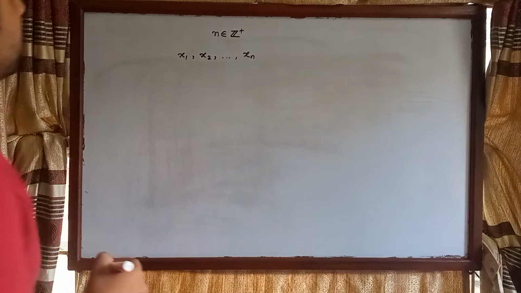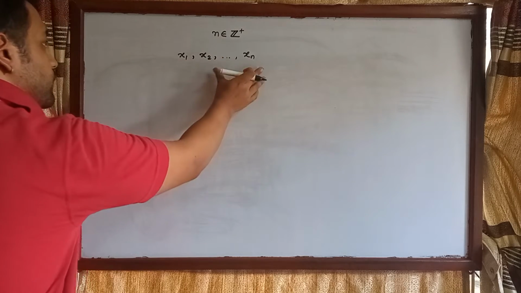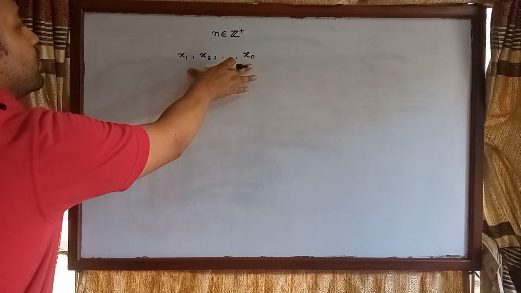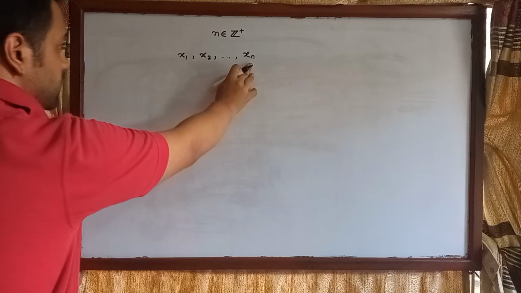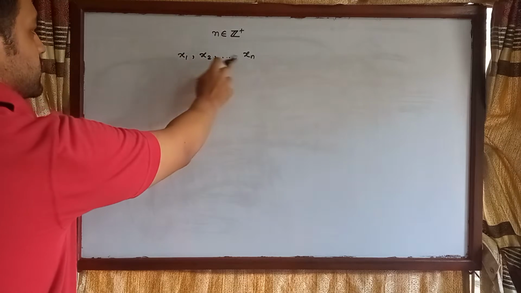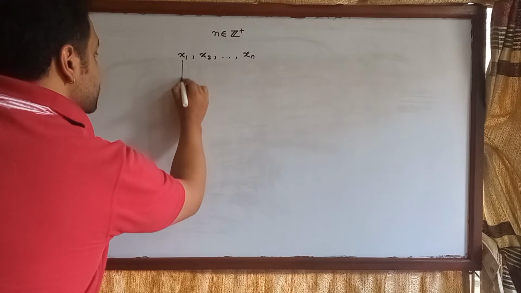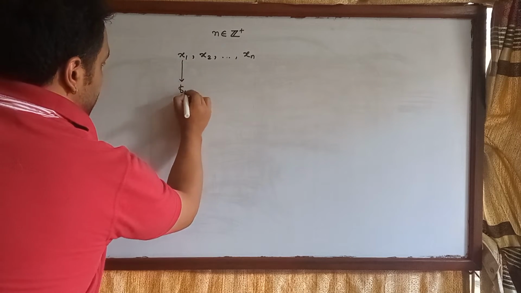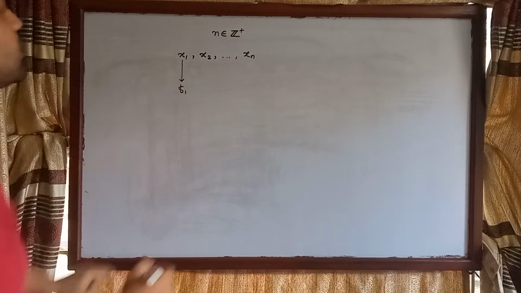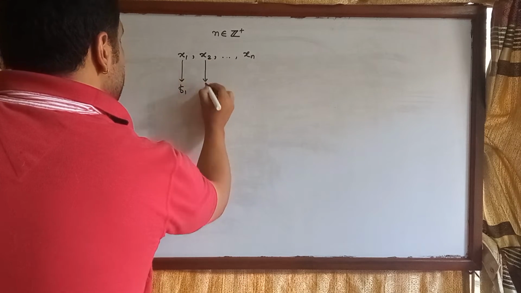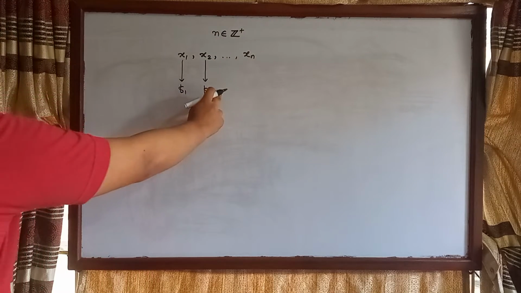Now for the frequency distribution, we consider that these values are distinct. Each of the values is distinct from the others, and x1 is repeated f1 times, which means x1 has a frequency of f1. x2 is repeated f2 number of times.